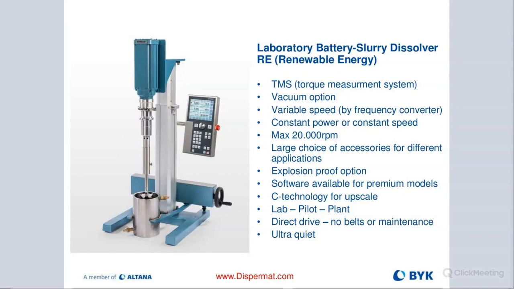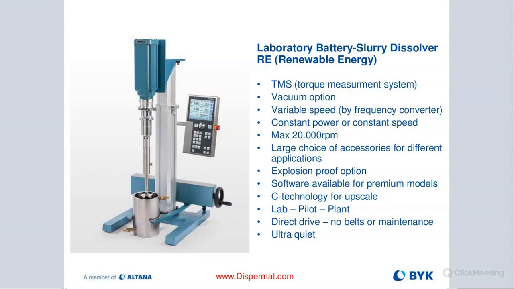We can add a purging valve for nitrogen or argon gas if customers want to be in a dry environment. We have obviously variable speed. We can also run this unit with what's called constant power or constant speed. Instead of just selecting a certain speed, you can select a certain amount of energy you're putting into your mill base, and then the blade speed will change depending on the change of our viscosity.